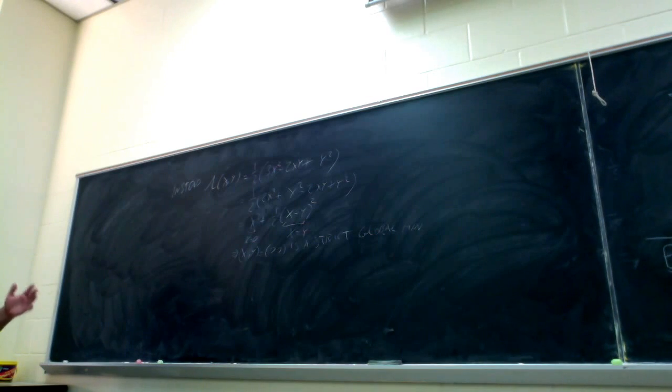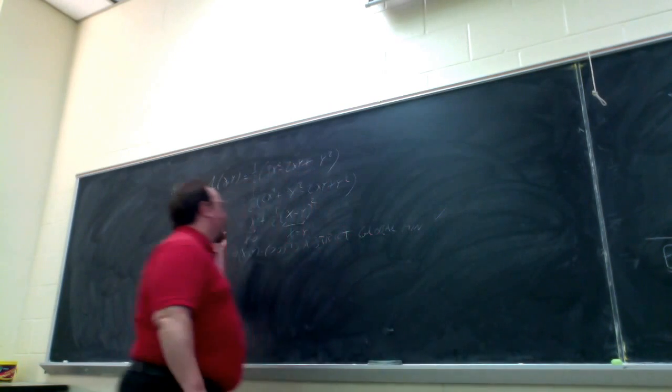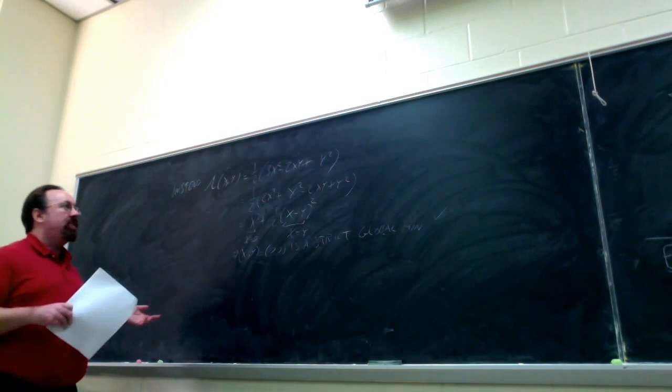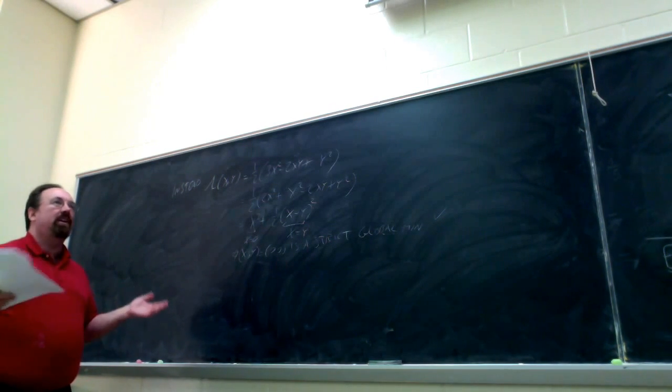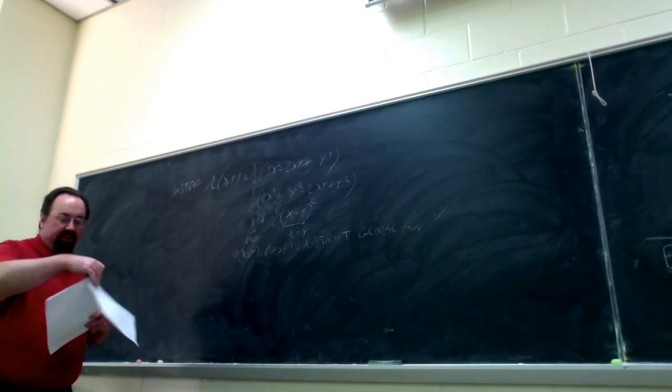That is your strict global min. So the first condition is satisfied, and your fixed point is a strict global min of this proposed Lyapunov function. Okay, so it took a little more work to see that than for just x squared plus y squared, but it still works. Now we've got to check the second condition.